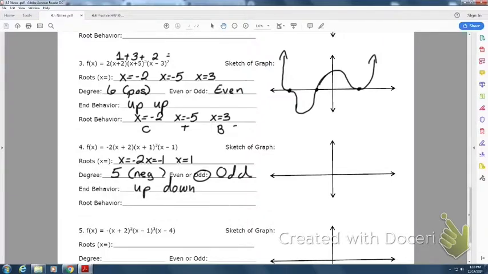So my degree of negative 2, Jessica, is that going to cross, bounce, or twist? Cross. Amelia, negative 1, is that going to cross, bounce, or twist? Twist. And Massey, x equals 1, is that going to cross, bounce, or twist? Cross. So now we'll just spread these out a little bit. Negative 2, negative 1, 1. It is up, down. And I'm going to cross, twist, cross.